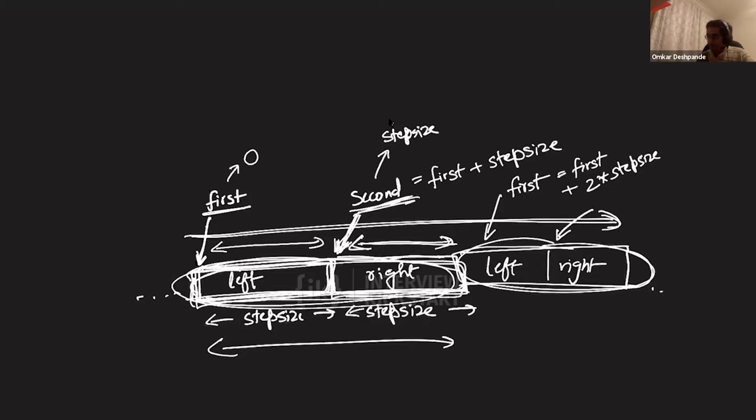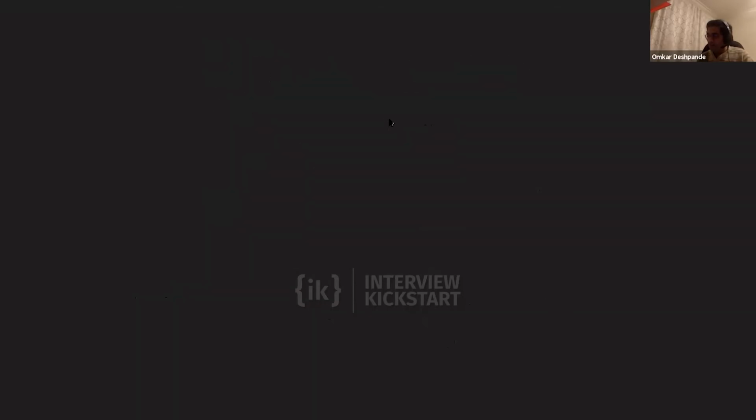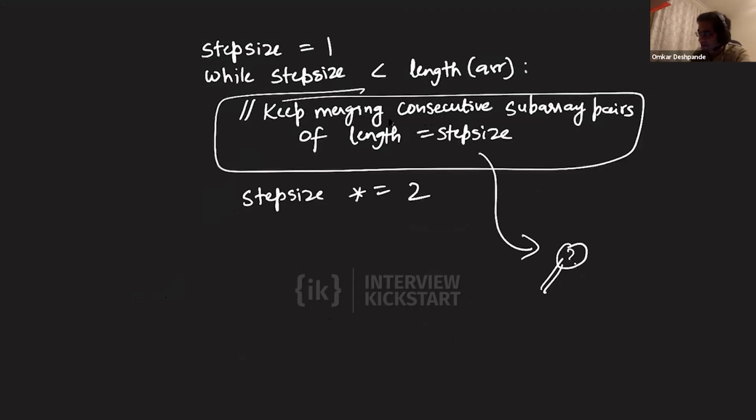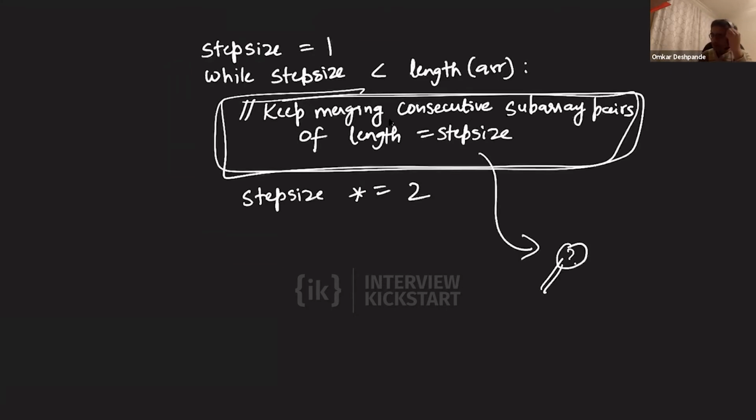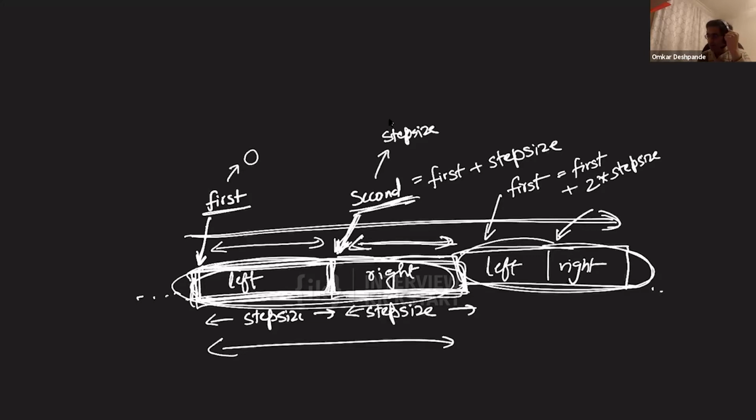But for a particular first and second value, what do we do? Basically I'm writing the code for this here. So we'll have first being equal to 0, second being equal to 0 plus step size, which is step size. And then while, how long do we keep doing this? While both the left subarray and the right subarray exist.